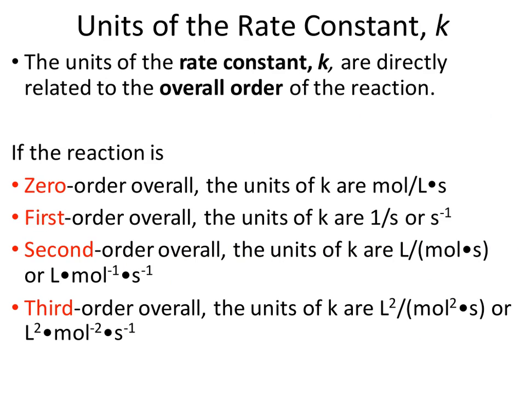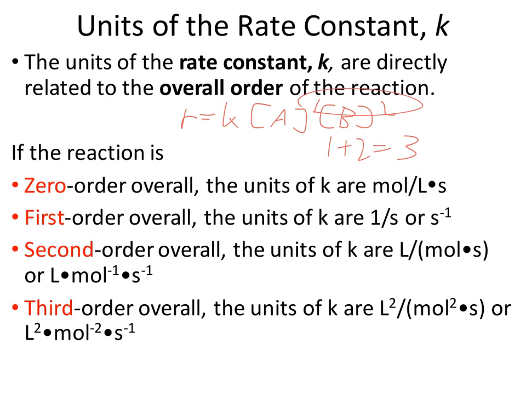Like we saw before, the units of our rate constant depend on the overall reaction order. We're going to get to what the overall order is in a second. If we go back one step, our rate was equal to K times A to the power of 1 and B to the power of 2. To figure out the overall order of the reaction, all we do is add the exponents. So 1 plus 2 gives us 3.